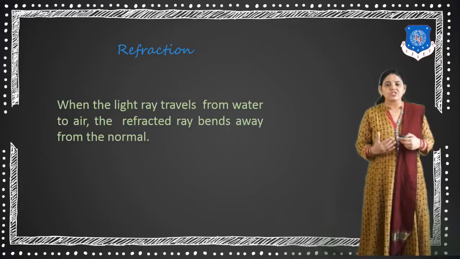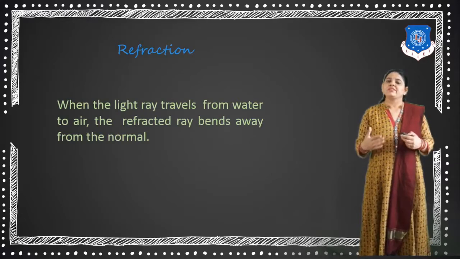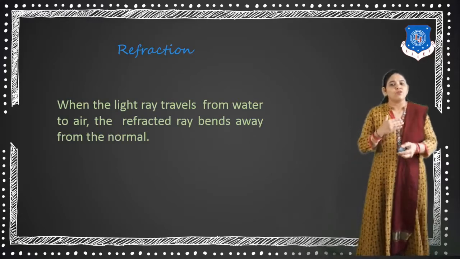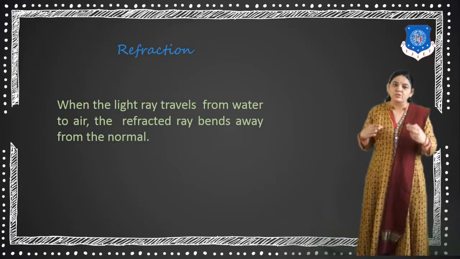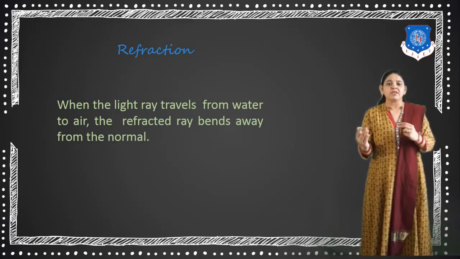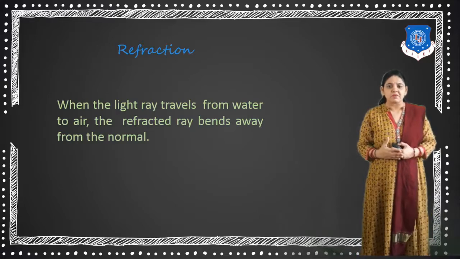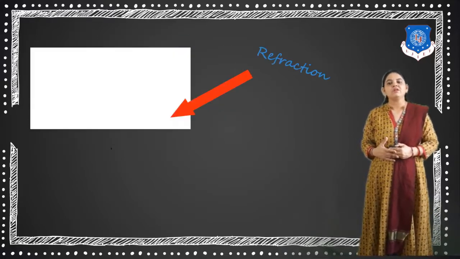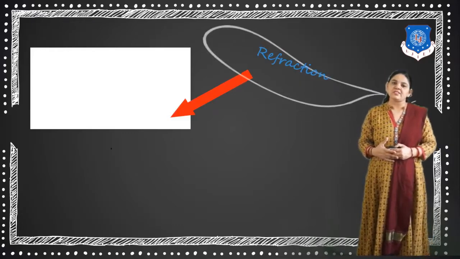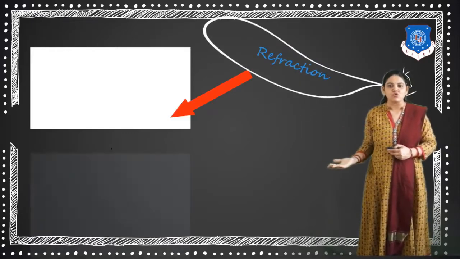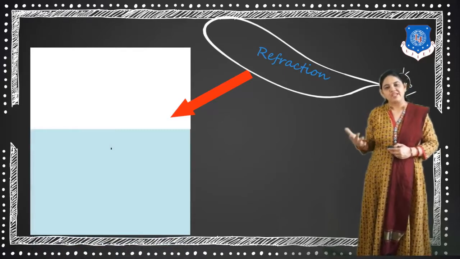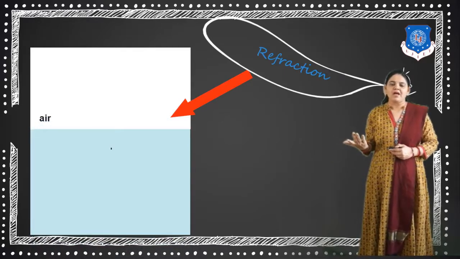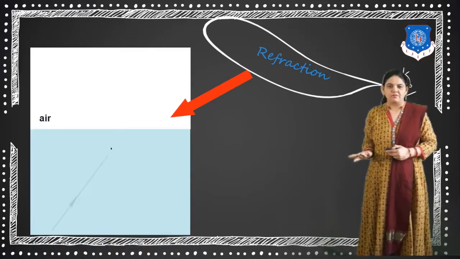Now in refraction, when the light travels from water to air, meaning from a higher density medium to a lesser density medium, the refracted ray goes away from the normal. So here you can see in the diagram we have two media: one medium is air, another is water.